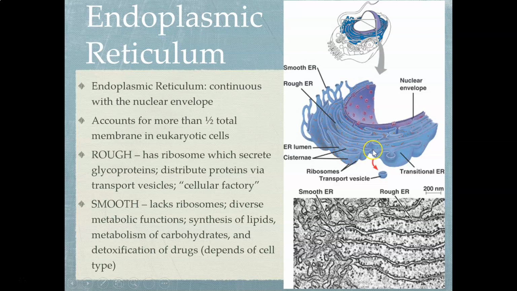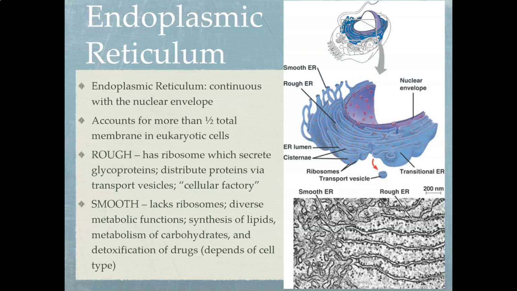And that comes out to the rough ER, and that can go to those ribosomes to build the proteins. So transcription happening DNA to RNA here in your nucleus, and then translation happening out here at the ER, specifically on those ribosomes to go from RNA to protein.